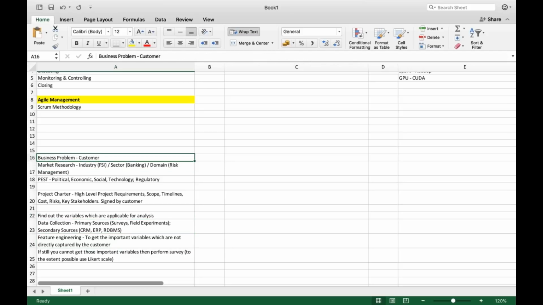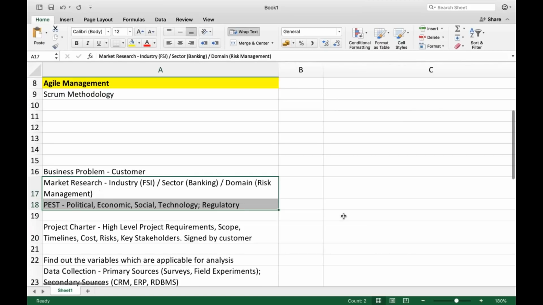Customer gives you a business problem. However, you go ahead and do your market research. And if you feel there is any other business problem which is even more severe or critical to be resolved, then you notify the customer, and the customer might say, okay, I like the business problem that you have brought up on the table, so let's address that, as opposed to the business problem that we have provided.